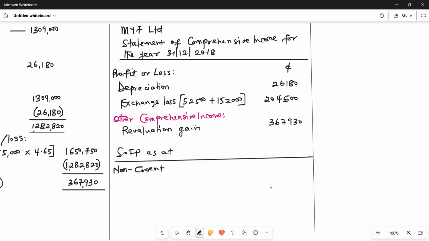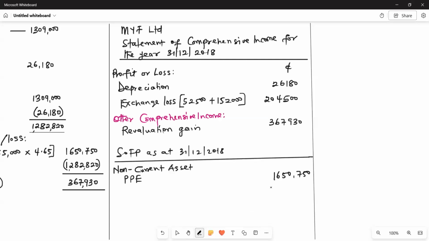Non-current statement of financial position as at December 31st. So non-current assets, the PPE, the revalued amount will be, I think the revalued amount was how much? 1,650,750.